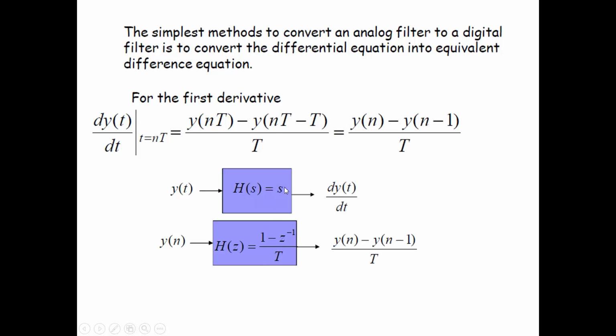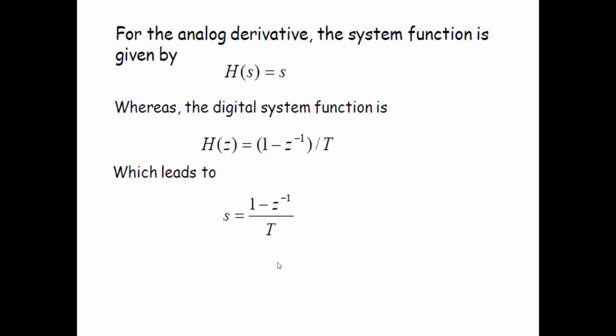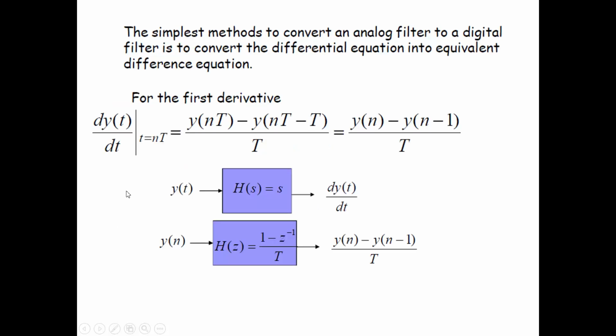What we will do is transform this s into (1 minus z to the power minus 1) divided by capital T. If you equate the analog part of the system function to the digital part, that means s is equal to (1 minus z to the power minus 1) divided by capital T. So this is actually the transformation that results for the first derivative in the differential equation.